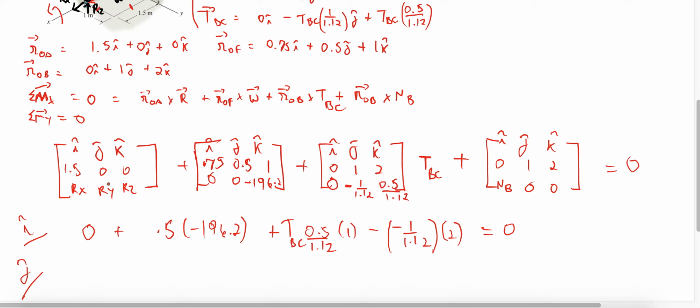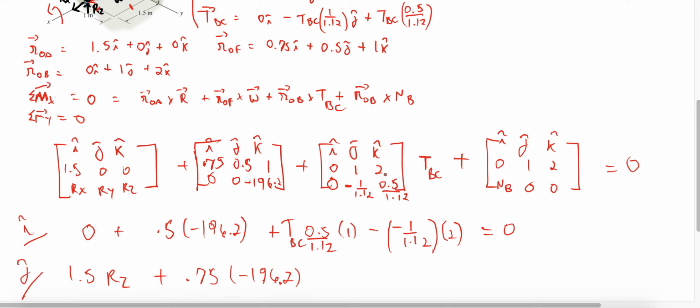J, so to do the J's, we just cover the J and then we just worry about the other ones. So 1.5 times RZ, the other one is just 0. Cover this guy, this is 0.75 plus 0.75 times negative 196.2, minus 0.